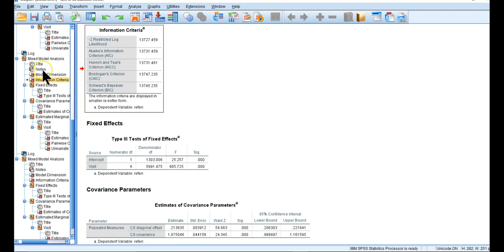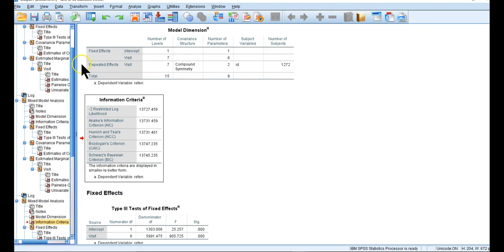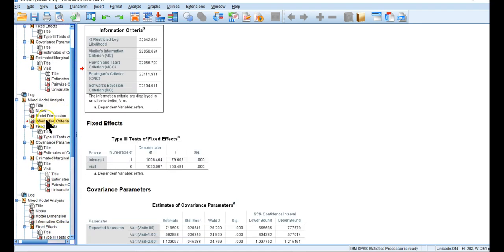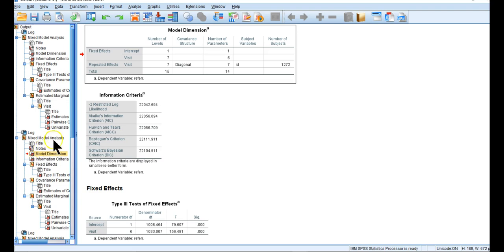Remember before, when we had the information criteria. Here we have our diagonal. We had 7 parameters because we had 7 variances that were different, but there weren't any covariances.